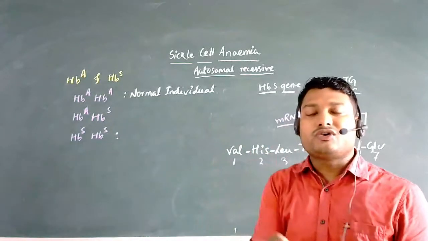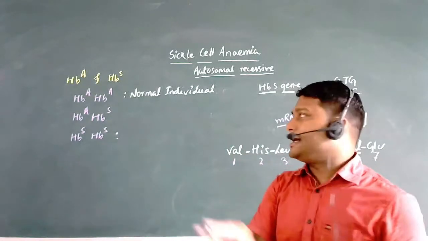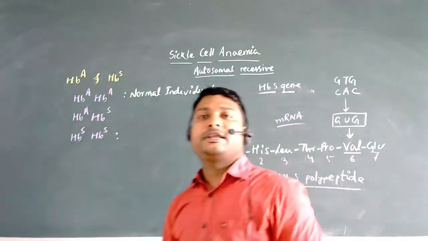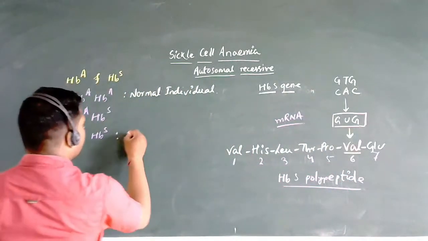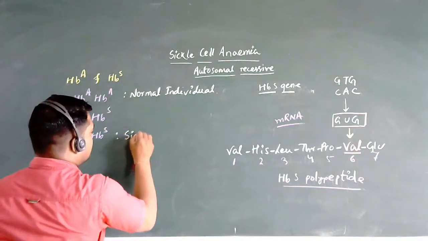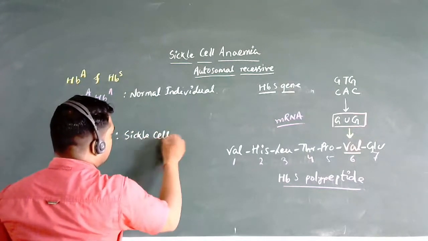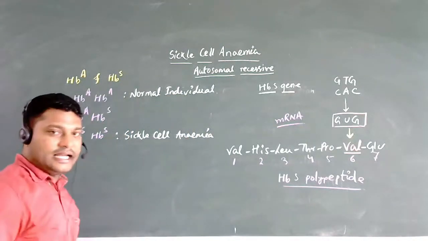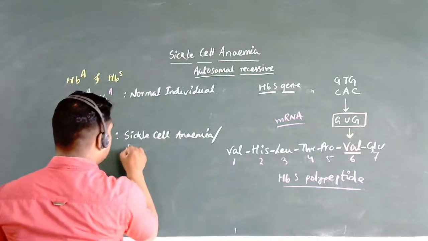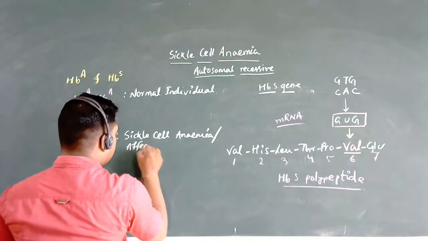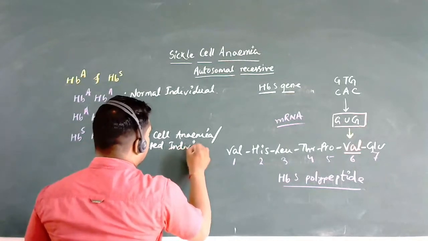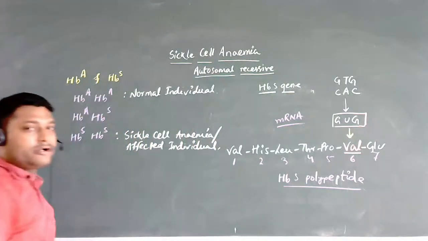So only when you have two mutated alleles can you have a sickle cell condition. The person will suffer from sickle cell anemia, or in other words, this is the affected individual. Now what about the heterozygous condition?